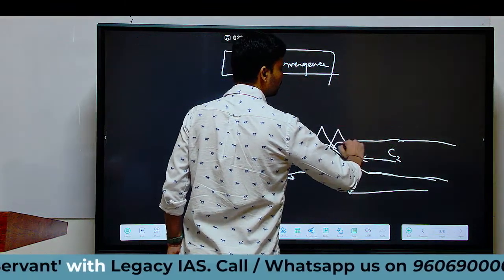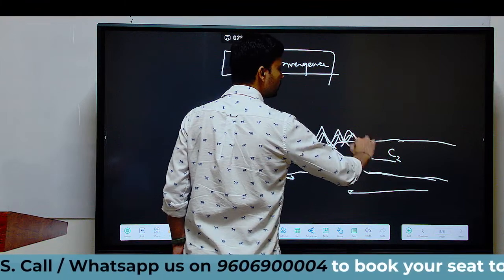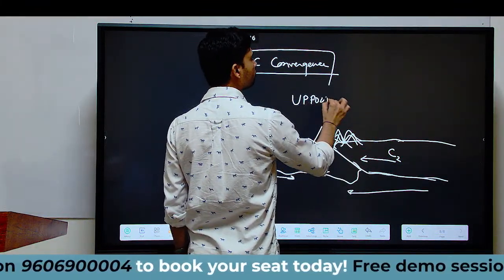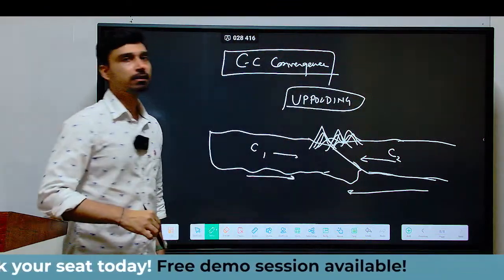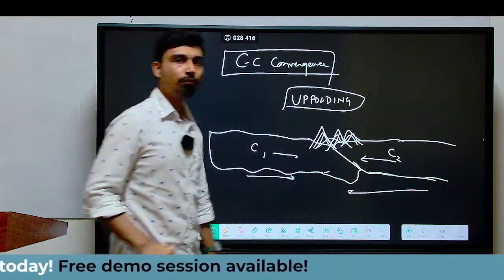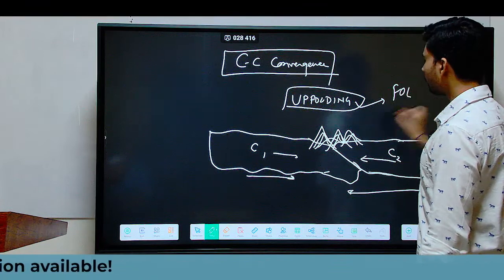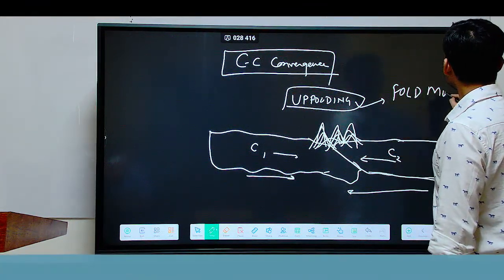This rise of sediments and rock at the point of collision is referred to by the term upfolding. So, CC convergence leads to upfolding, and this upfolding results in the formation of a mountain-like structure called a fold mountain.